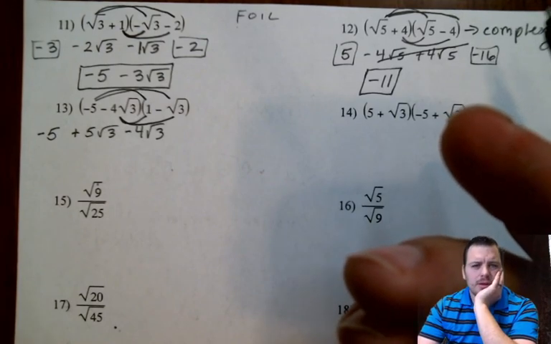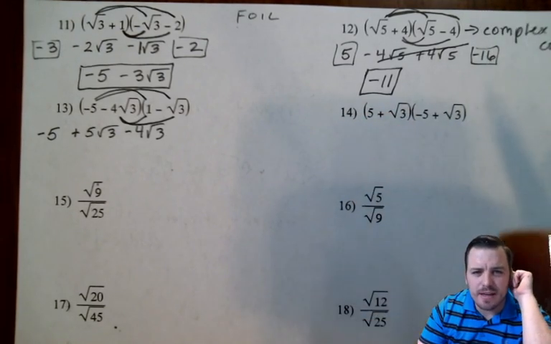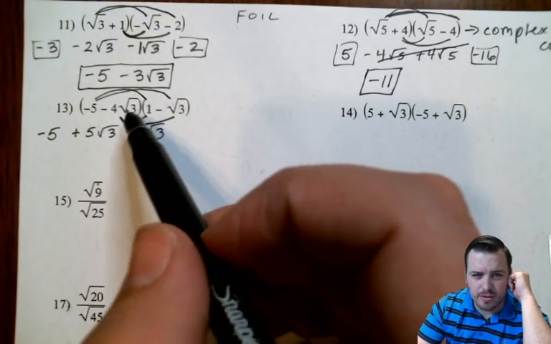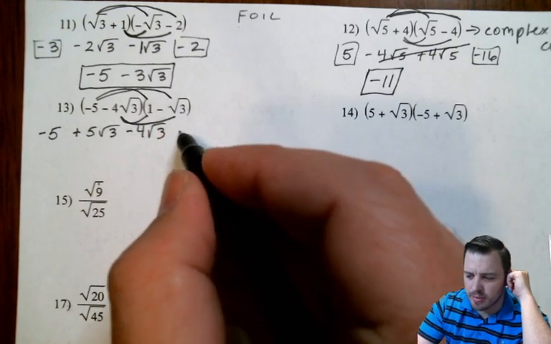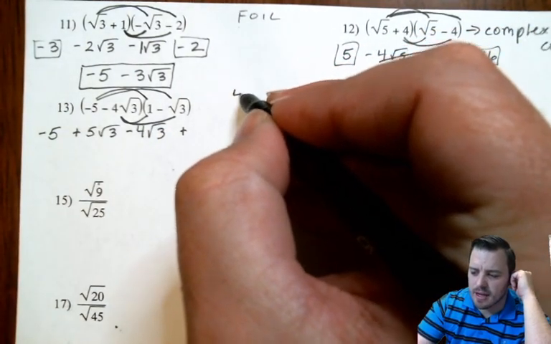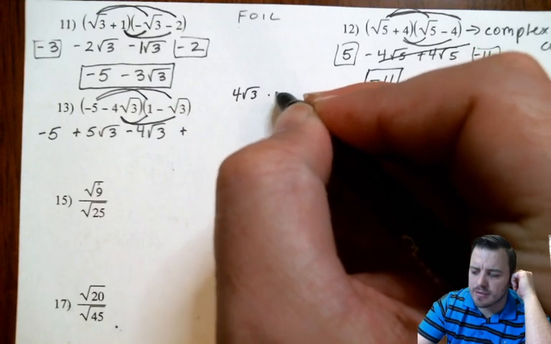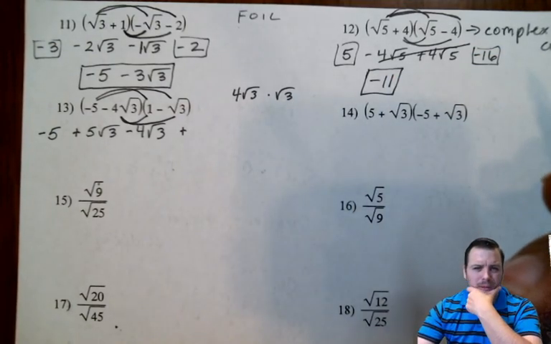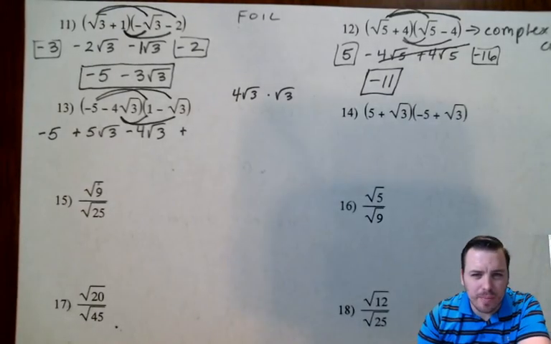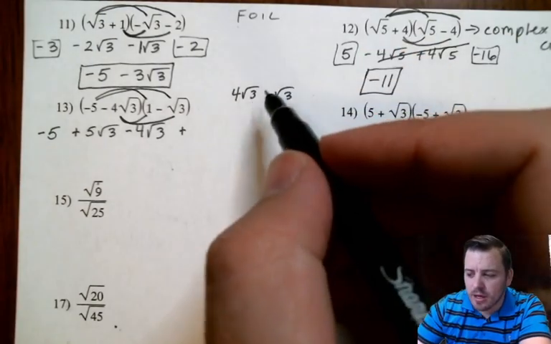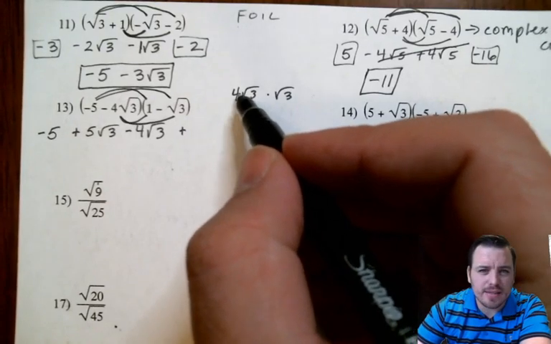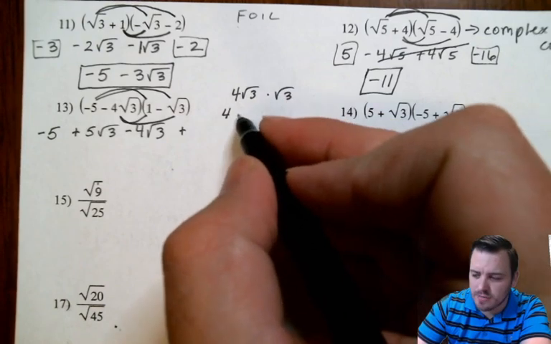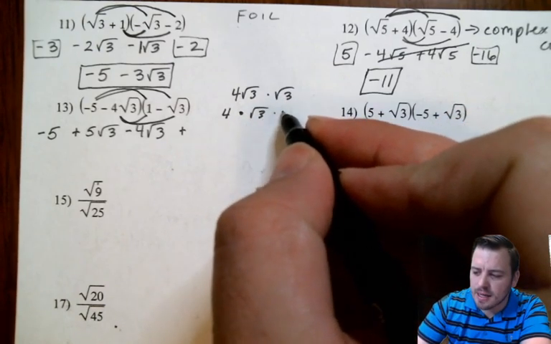Okay? Now, this one's a little bit different, and let me show you why here. This is what this one looks like. A negative times a negative, we know it's going to be positive. But here's what it looks like. 4 radical 3 times radical 3. All right. Now, I know some of you may want to jump on the bandwagon and say, oh, that's just 3. But notice the 3 has a 4 attached to it. So this could be rewritten like this because that just means multiplication. 4 times radical 3 times radical 3.